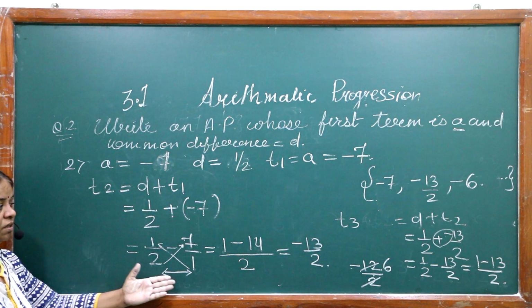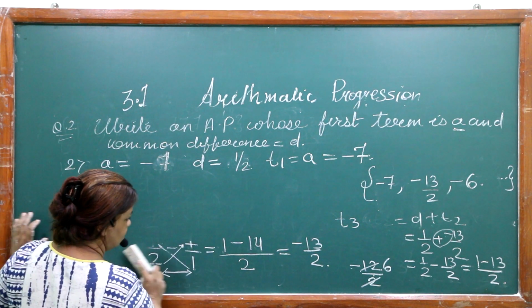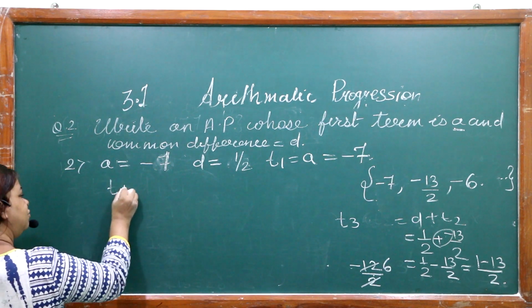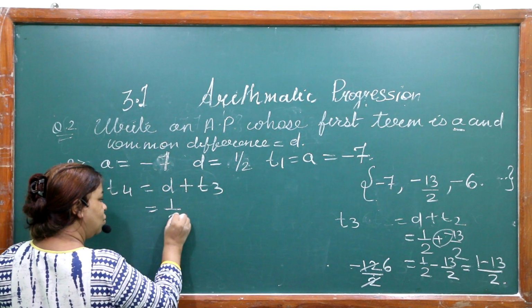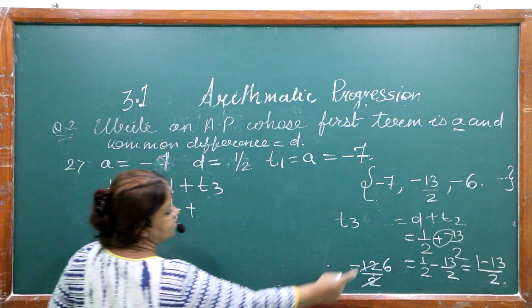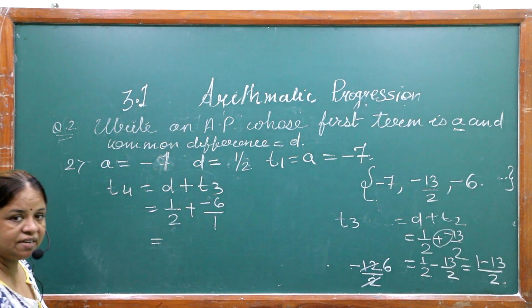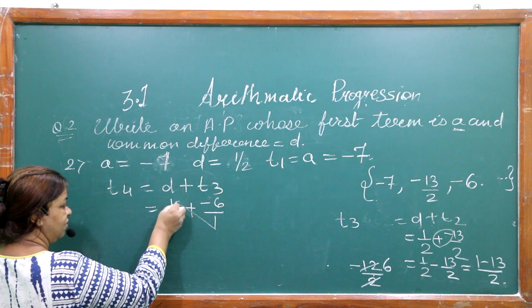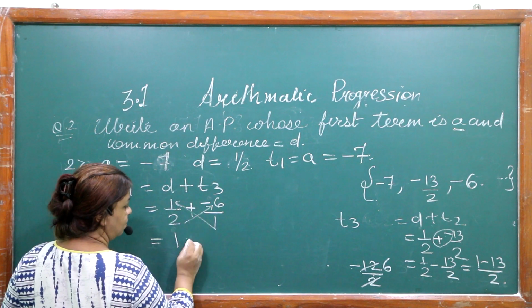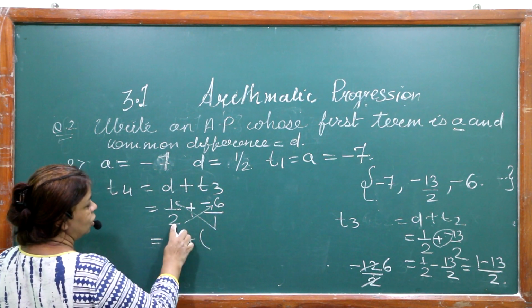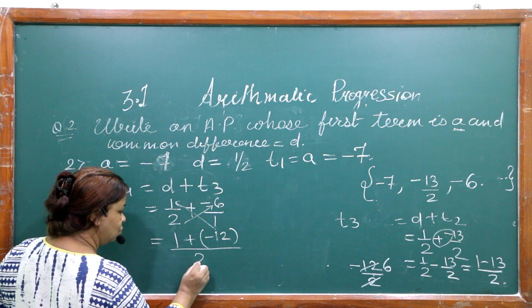Now for the fourth term, I'll rub this, children, if you would have noted down. Yes. For the fourth term, T4 is equal to D plus T3. D is 1 upon 2 plus term 3, which is minus 6 upon 1, because there is a denominator in the first term. 1 will multiply with 1, 1. 2 will multiply with minus 6, so in the bracket I'll write 2 sixes are 12, that is minus 12 upon 2 ones are 2.